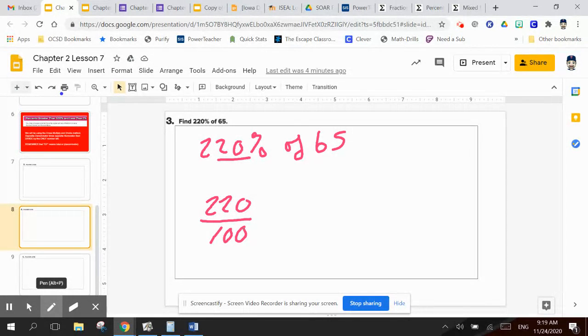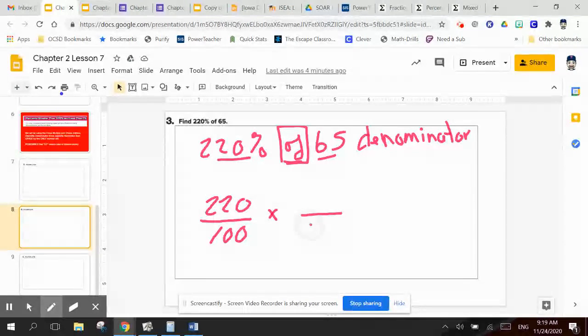Percents are always over 100. Of tells me to multiply 65. Whenever I see the word of, that tells me that this number is my denominator. So 65 is my denominator.